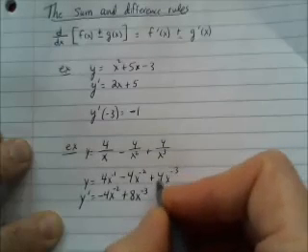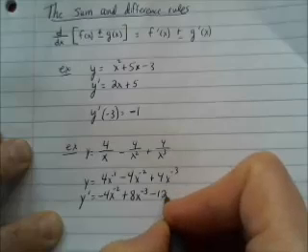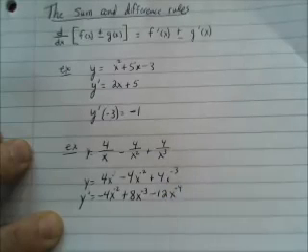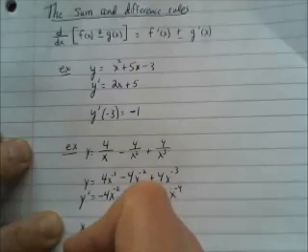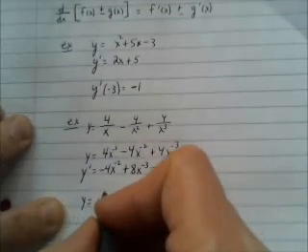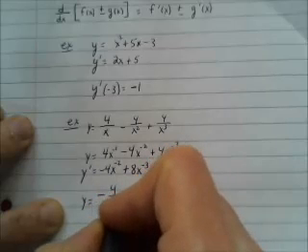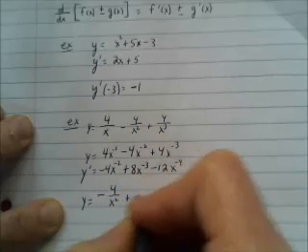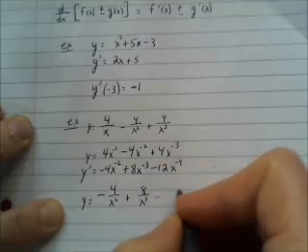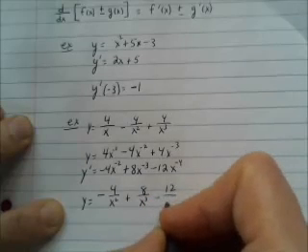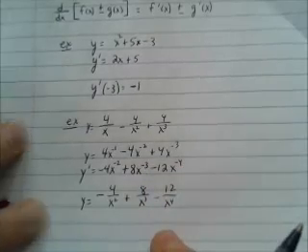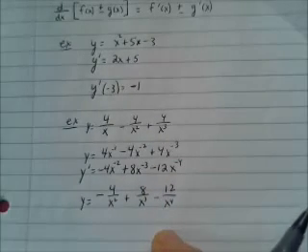Now we have negative 3 times 4, which is negative 12, times x to the negative 4th power. And then we can write this in fraction notation like it was given to us, and we can call this negative 4 over x squared plus 8 over x cubed minus 12 over x to the 4th. And there's the derivative of that original problem.